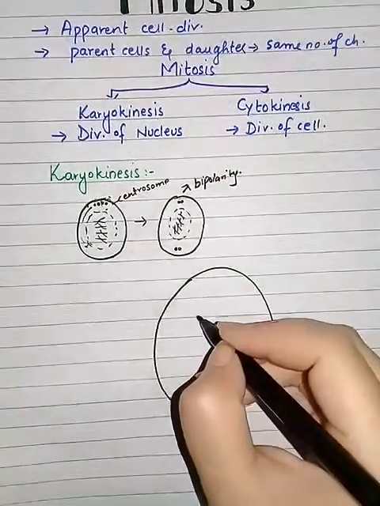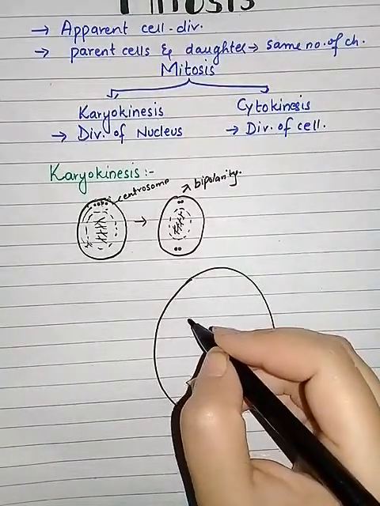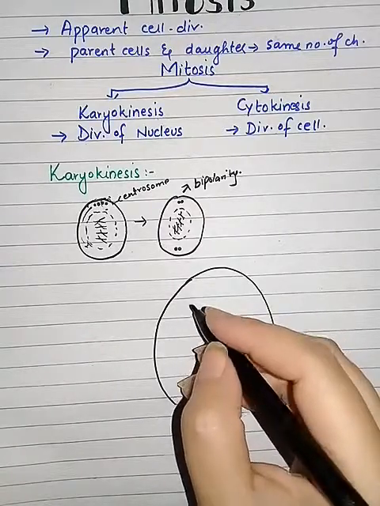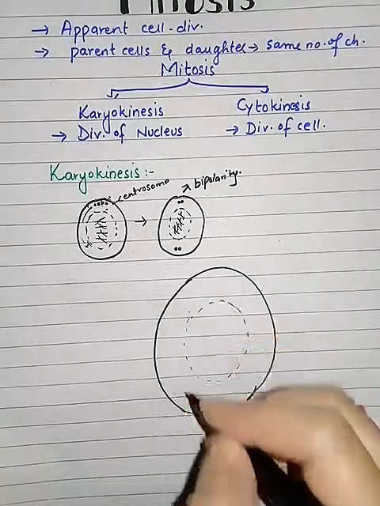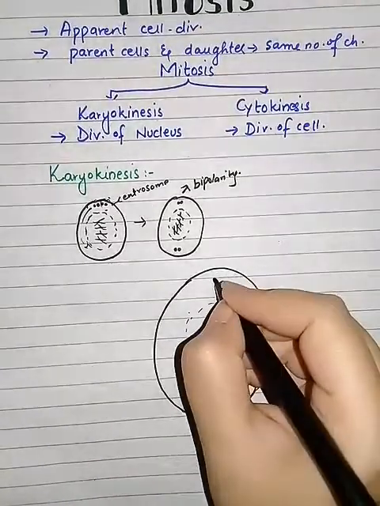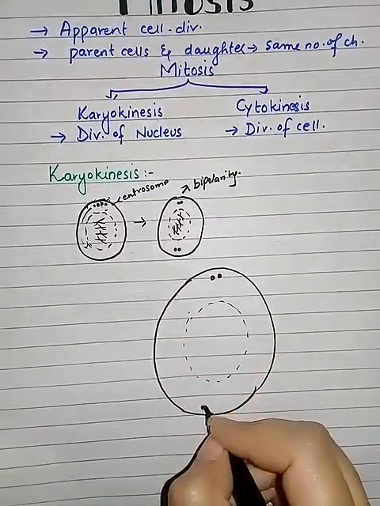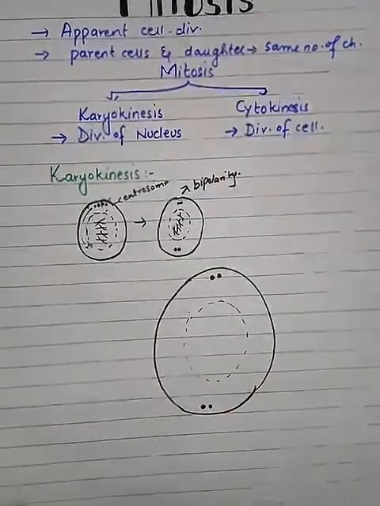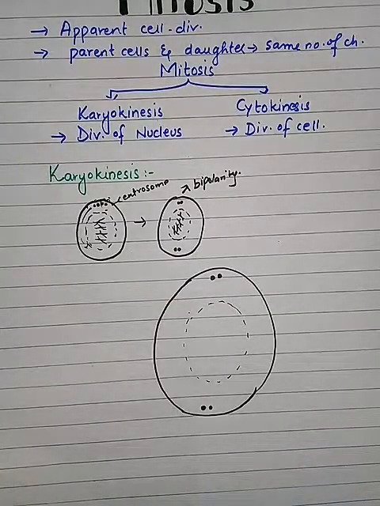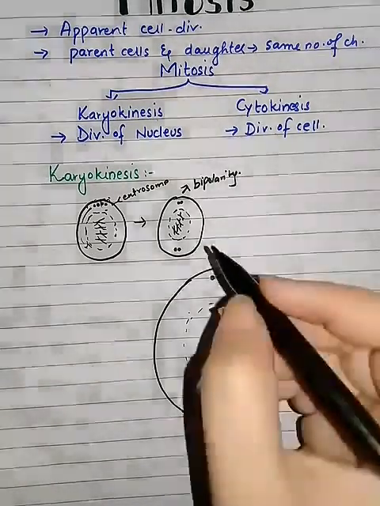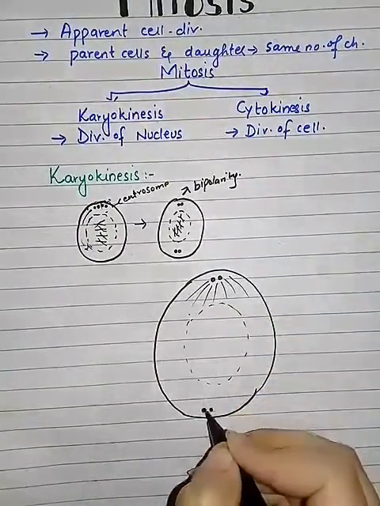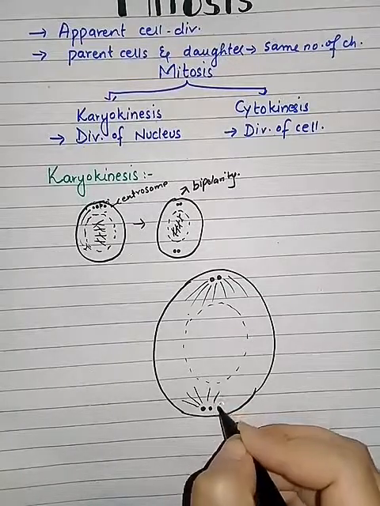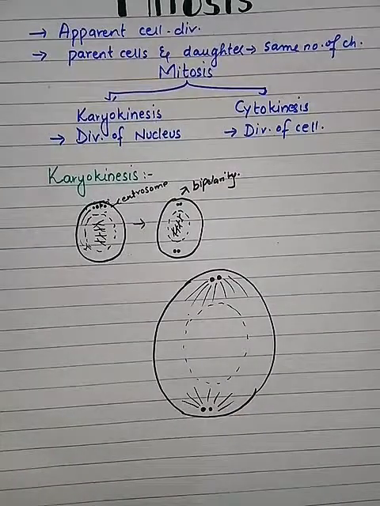Now this is the cell. This is for the idea of the nuclear membrane. Here we have two pairs of centrioles present at opposite poles of the cell. Now three types of fibers or microtubules start originating from the centrioles.